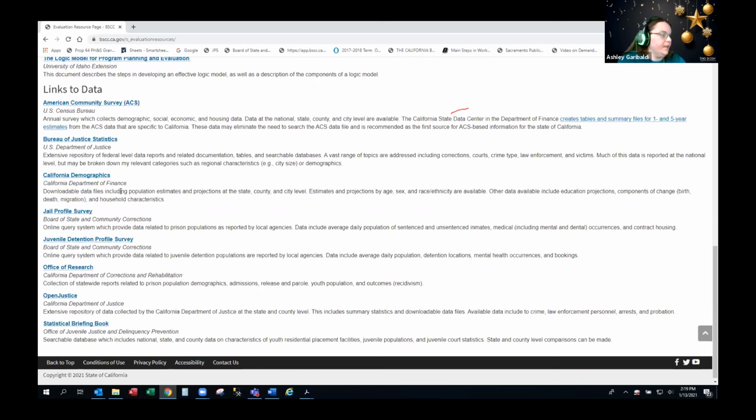Standard Department of Finance demographic data for California, our internal jail profile and juvenile detention profile survey, and then Office of Research, and then Open Justice, which is run through the Department of Justice, which has some great information about probation and referrals and disposition demographic data, and by gender as well, and age.